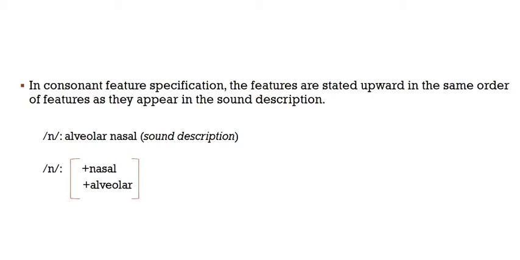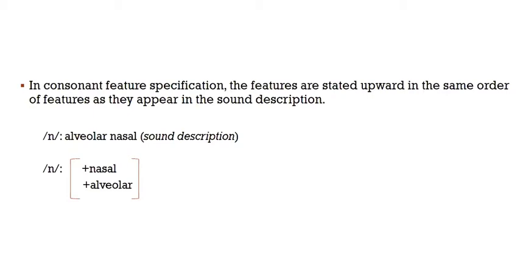When you're doing the sound description or the feature specification of the sounds, you can support your description with any supporting material that you may have. So don't worry about it. The idea is not just learning it by heart, but knowing how to put that in the right order.